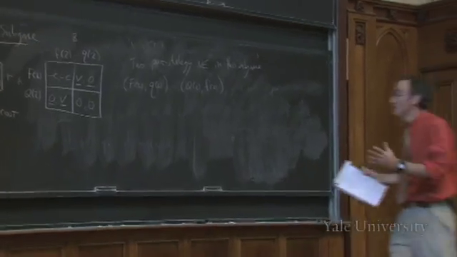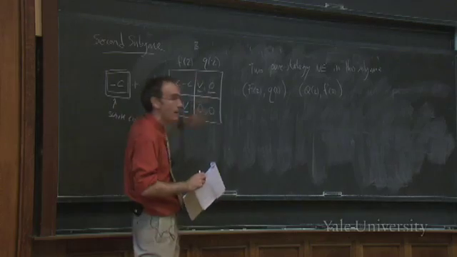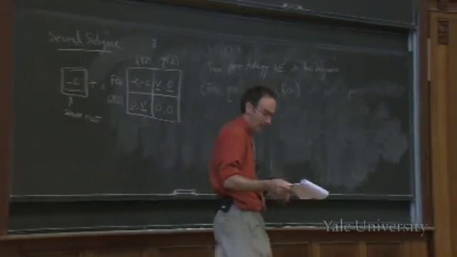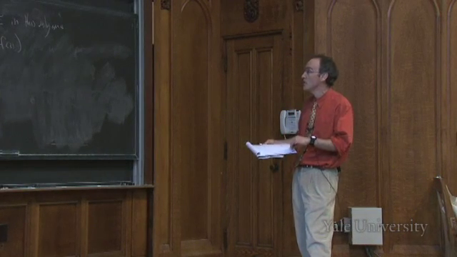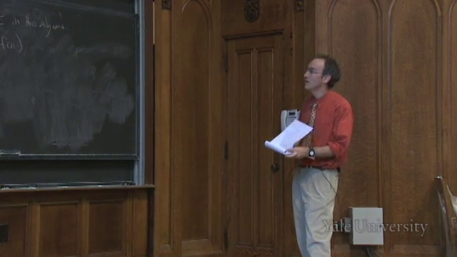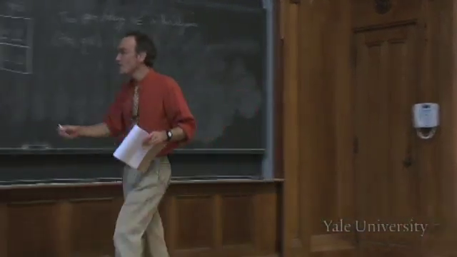Now notice that the sunk cost didn't matter there. I could have included the sunk cost in the payoffs, but I would have found exactly the same thing with or without the sunk cost. So as we expect, the sunk cost is irrelevant. All right, so we've got both the equilibria in the subgame.